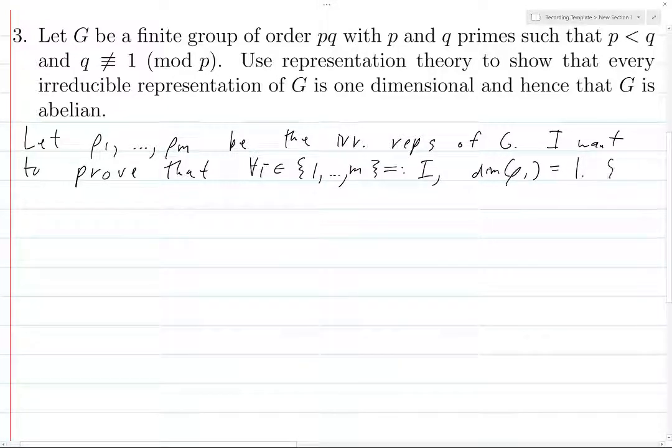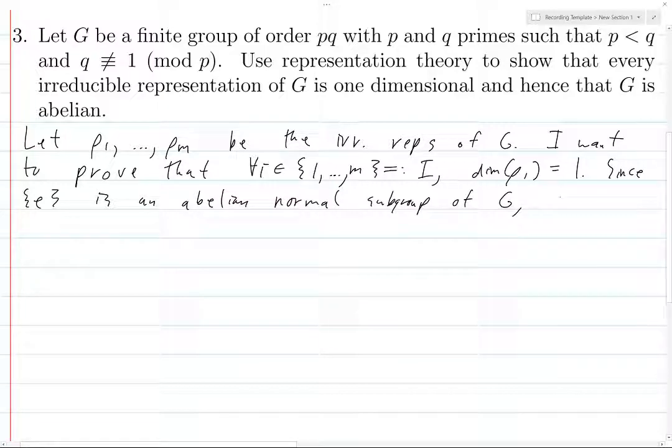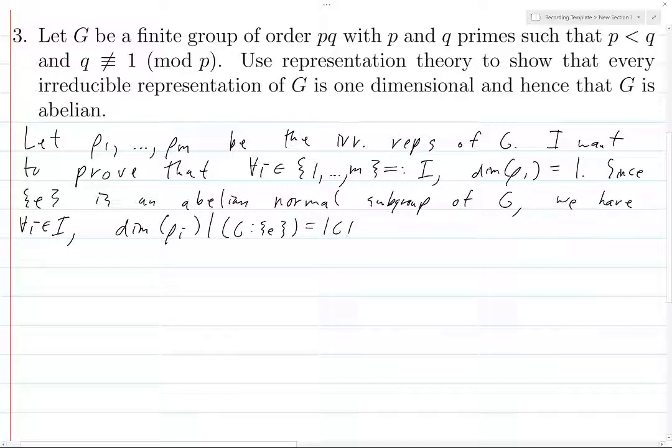Okay. Since E is an abelian normal subgroup of G, we have for all i in I, and this is a theorem from representation theory, that the dimension of rho i must divide the index of E in G, which is just equal to the size of G. This is a product PQ.